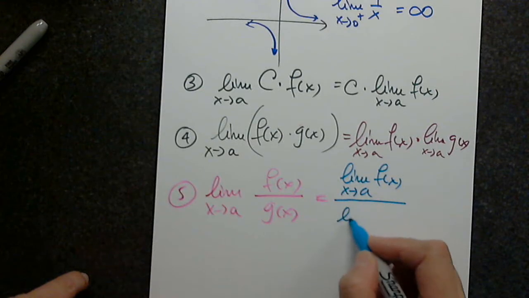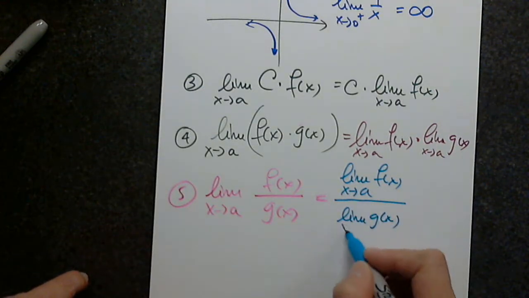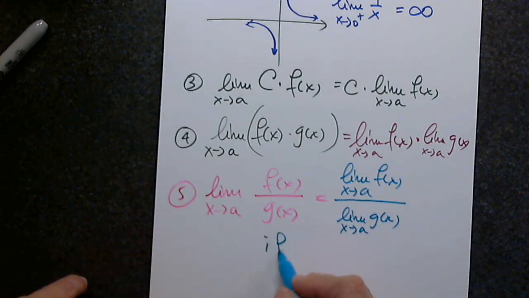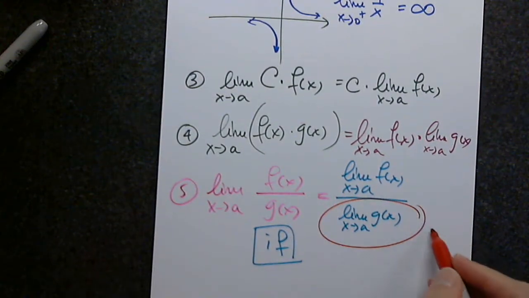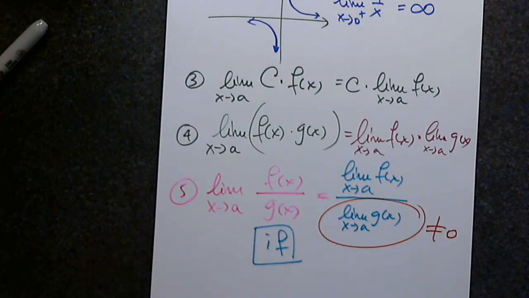Very good. But I have a big if now that I did not have before. If what? It's not zero. Exactly. If this is not 0. Because if it is, right, I cannot use the limit law.